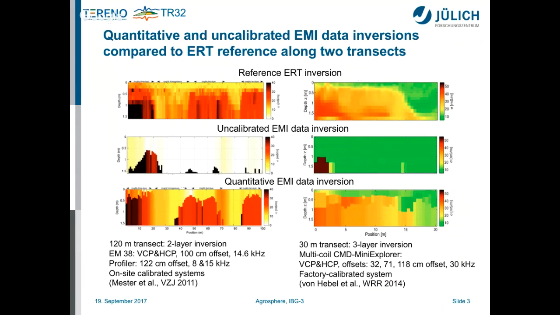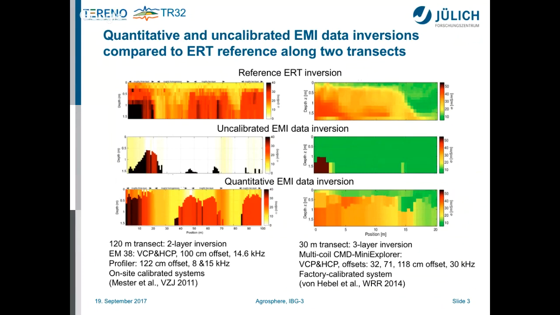Here we measured the EMI data with the single offset EM38 in VCP and HCP, and with the profiler. And in this more recent study, we used this multi-coil EMI system, the CMD Mini Explorer, where we measured also in VCP and HCP with these 3 different coil offsets.